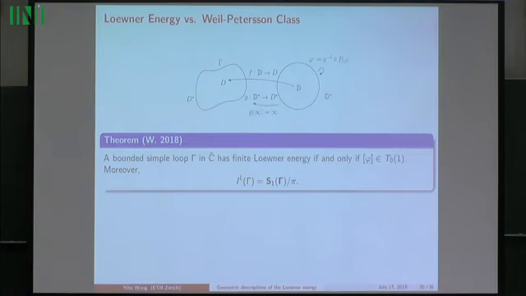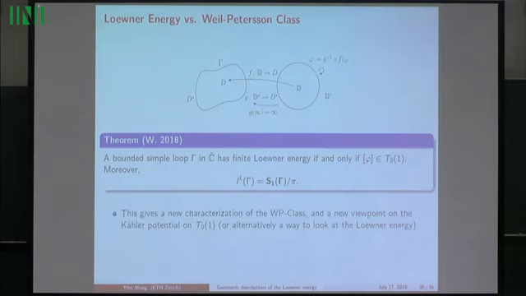What I proved is that it is also related to the Loewner energy. That is, a bounded simple loop gamma, not passing through infinity, has finite Loewner energy if and only if its welding function is in this Weil-Petersson class. Actually, the exact statement I prove is that the Loewner energy equals a multiple of this scalar potential.